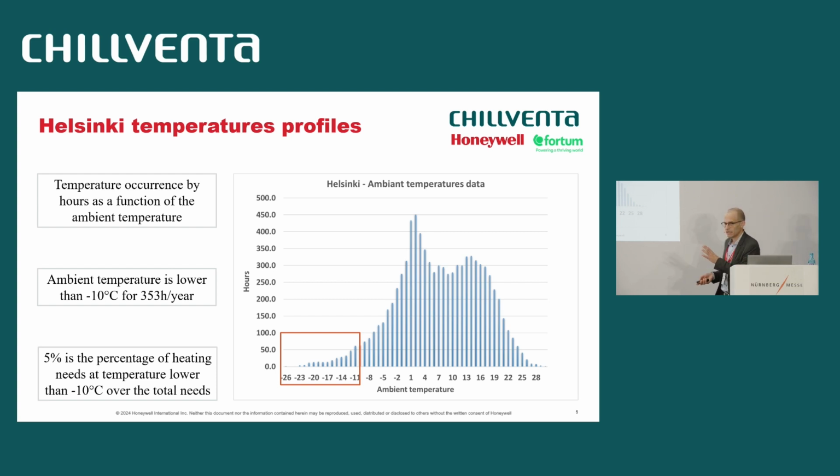This presentation is about district heating, about cold weather district heating, where temperature is very low at winter condition. At winter condition in cold weather, we can have temperature lower than minus 10 degrees C, and this temperature can be for more than 300 hours per year.